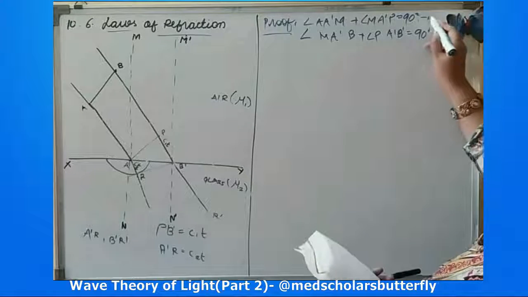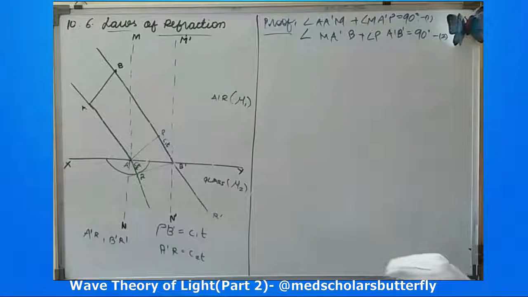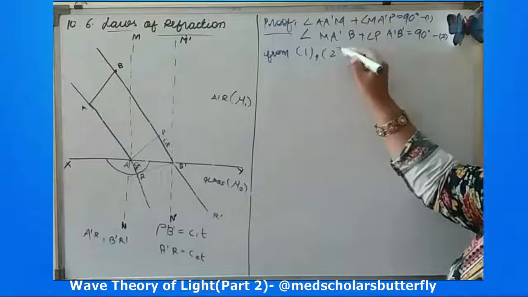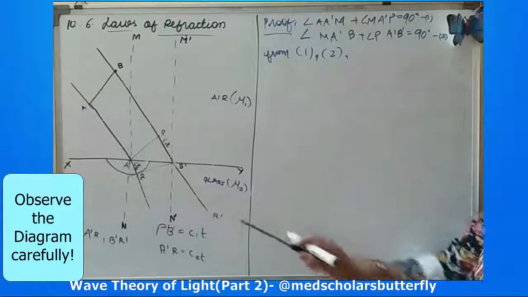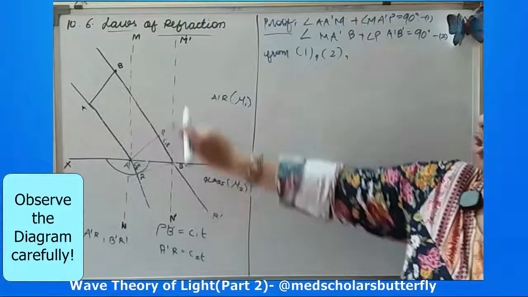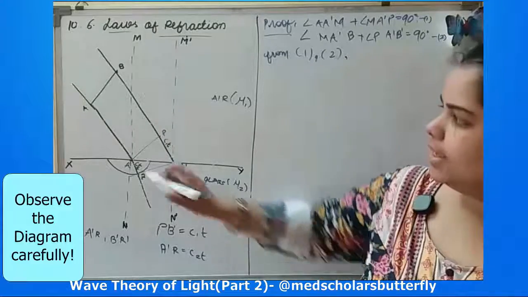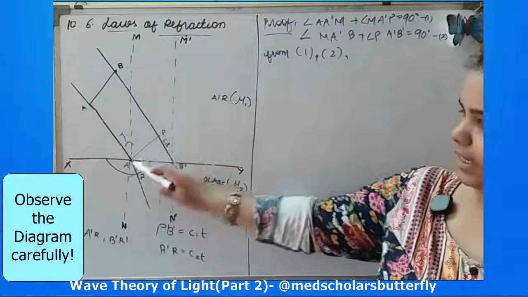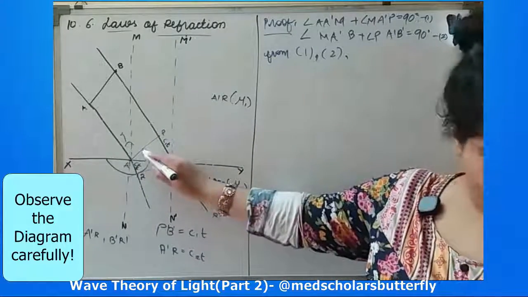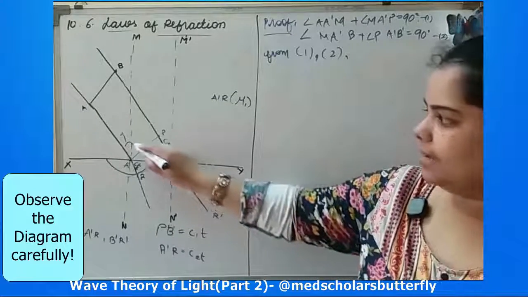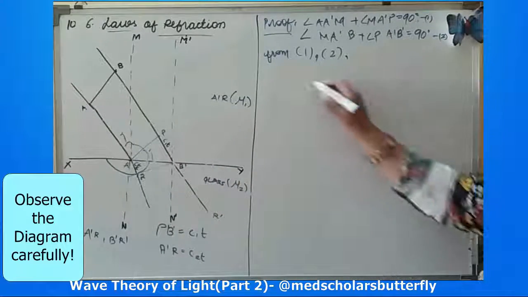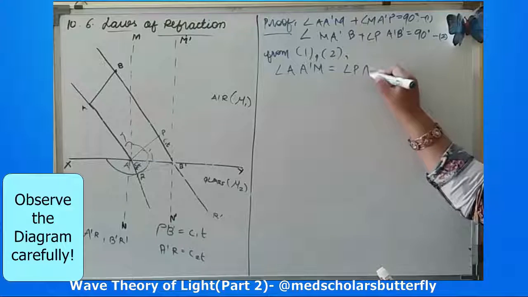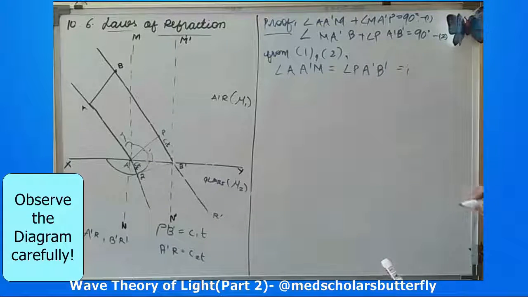Let us take it as equation number 1 and this as equation number 2. From 1 and 2, we get that angle A dash M is nothing but I, and P A dash B dash is nothing but I. Both are I. So we will write angle A dash M is equal to angle P A dash B dash, which is nothing but I.